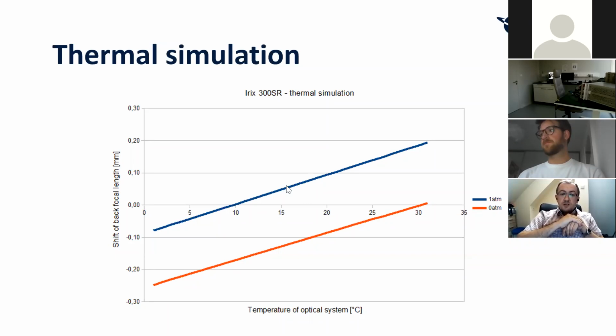As you can see, there is almost 0.3 millimeters change across the 30 degrees Celsius. So that's the change that we could not manage without an active athermalization of the lens.